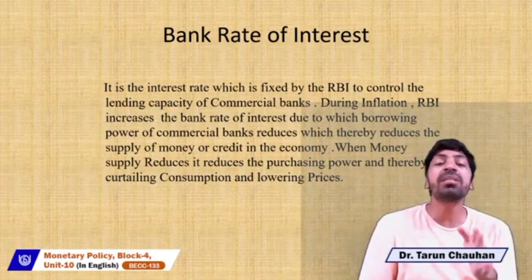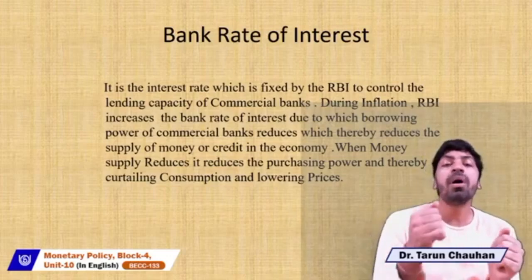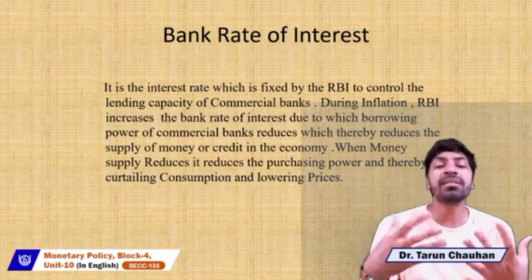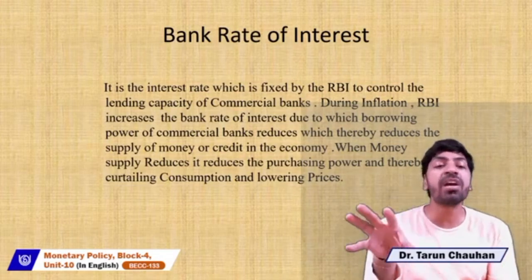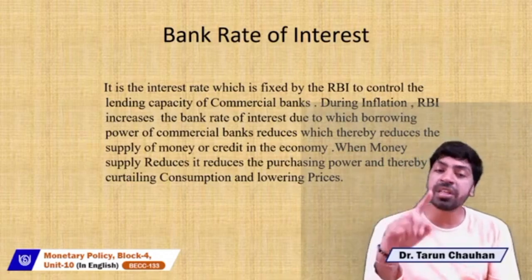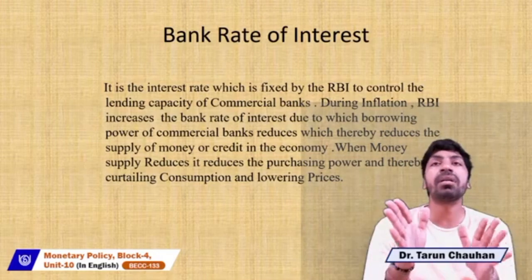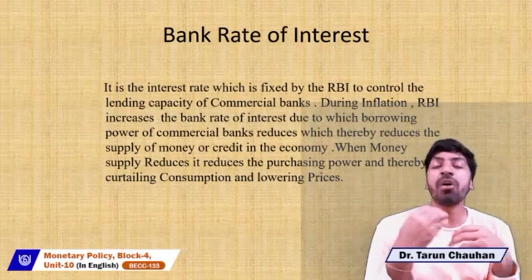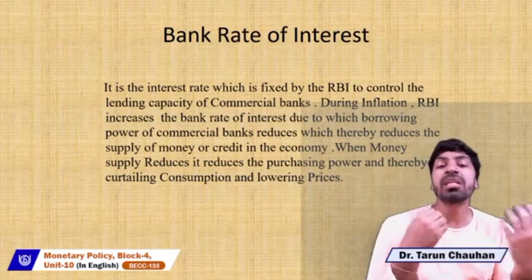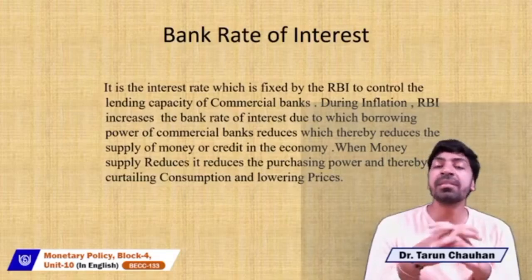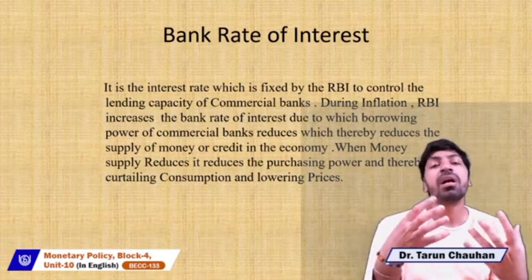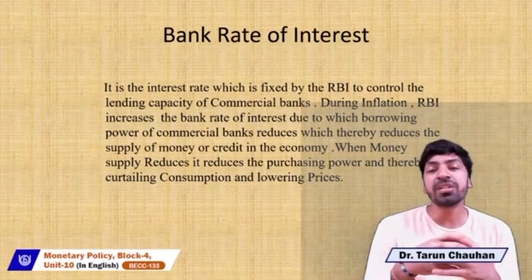One of the main reasons to control inflation is to stabilize and lower the prices, and this can happen when the supply of money or credit in the economy reduces. When the purchasing and borrowing power reduce, consumption reduces, and the prices are reduced. This is how the RBI works in an inflation situation.